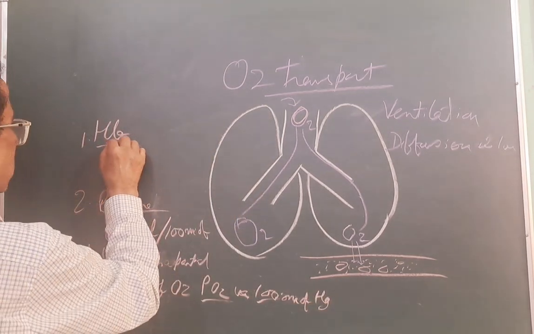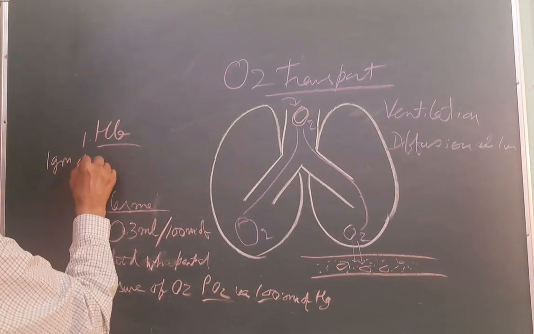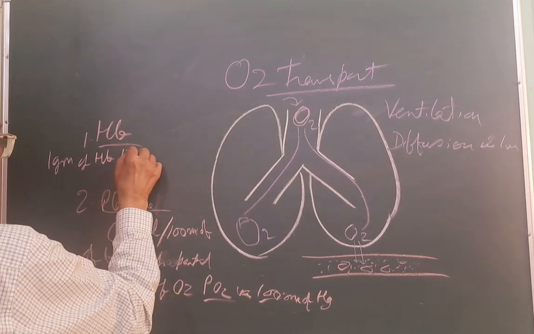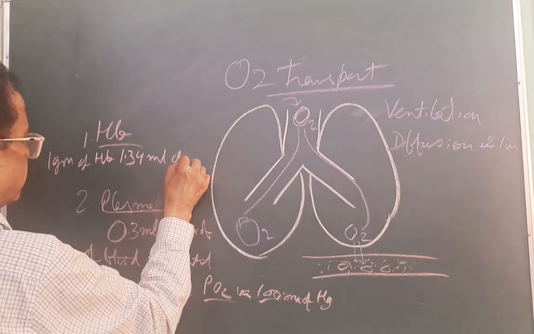And in RBC, 1 gram of hemoglobin, when fully saturated, carries 1.34 milliliter of oxygen.